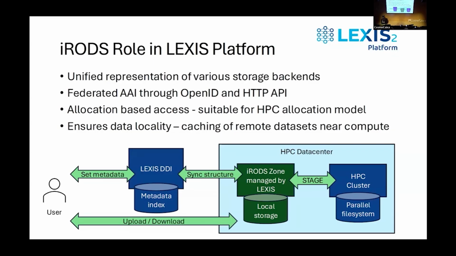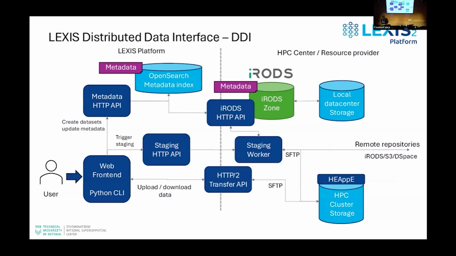This is what iRODS brings us. And then we have mechanisms to actually stage the data, meaning that we take the input data set from the local iRODS zones, and then we push it to the HPC cluster parallel file system through some user space tool, either in a job script or through SSH by default, because HPC clusters most commonly expose SSH in the front.